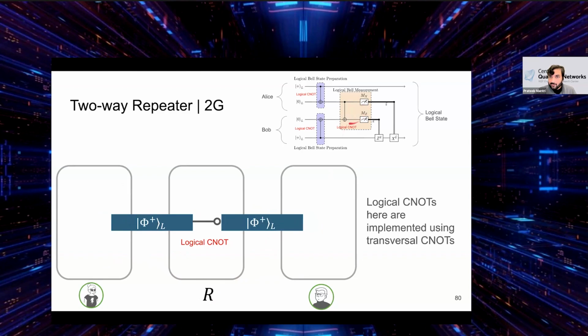And now we can implement this logical CNOT operation here, but at the repeater. So locally at the repeater, we apply these logical CNOTs, which in our case can be transversal CNOTs, but on an abstract level, this is just a logical operation between this Bell state and the other Bell states, just like this. And then we do the measurement of this part of the Bell state and this part of the Bell state, similar to what is represented here.